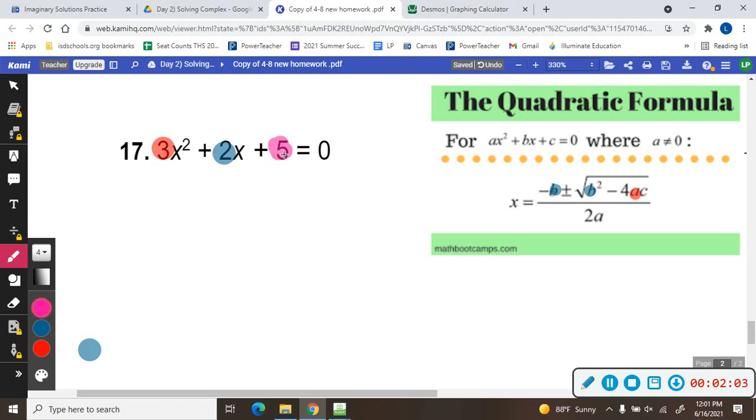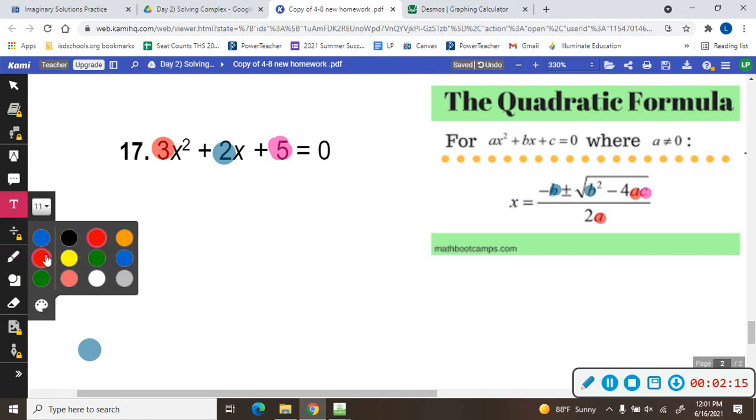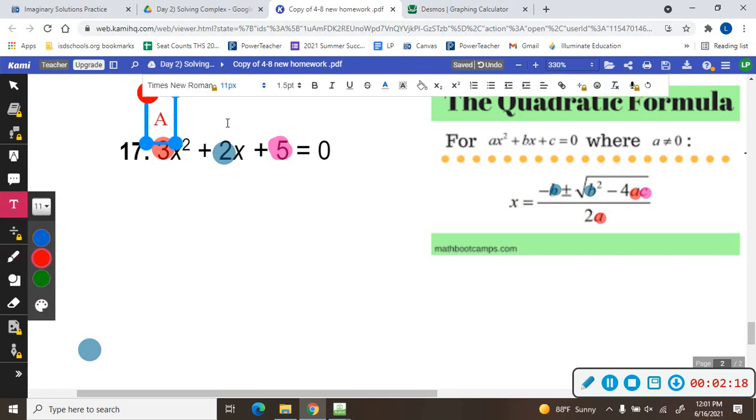So this is my c. So everywhere I see a c, I'm going to put it right there. And I realized I forgot my a. I also have an a down here. So right now, I know that this is my a, this is my b, and that's my c.